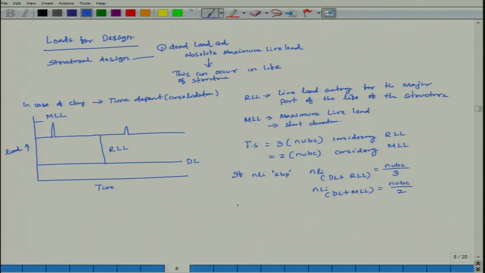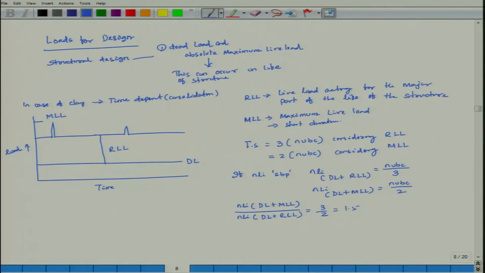Now if I take the net load intensity for dead load plus maximum live load divided by the net load intensity for dead load plus reduced live load, it equals 3 by 2, which is 1.5. What does it mean? The net load intensity under dead load plus maximum live load is 1.5 times the net load intensity under dead load plus reduced live load.